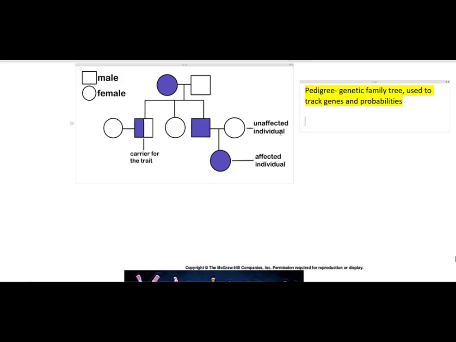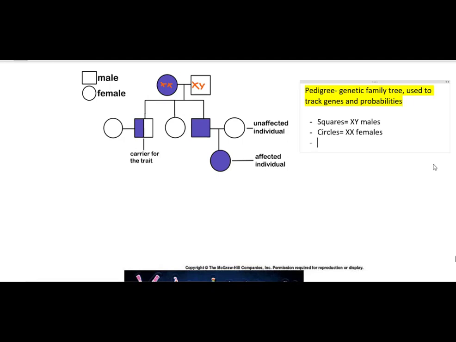Whenever you're going to make a pedigree, whenever you see squares in the pedigree, these represent XY males. Whenever you see circles, these represent XX females. So for example, this circle is clearly an XX, and this square is an XY because it's a square.